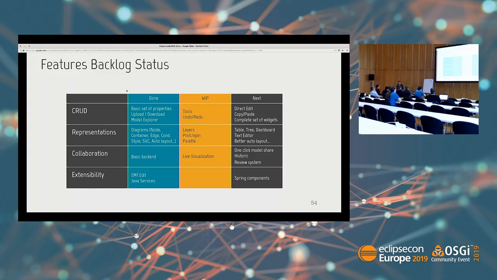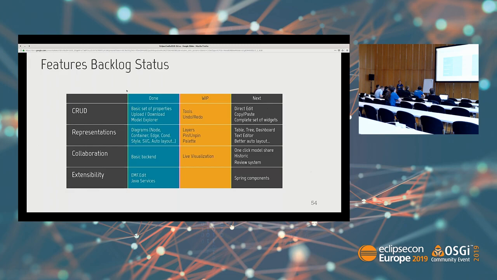So this is quite cool. And we'll provide also a complete set of widgets for the properties view. At the moment, we are just providing the text one and the checkbox one.